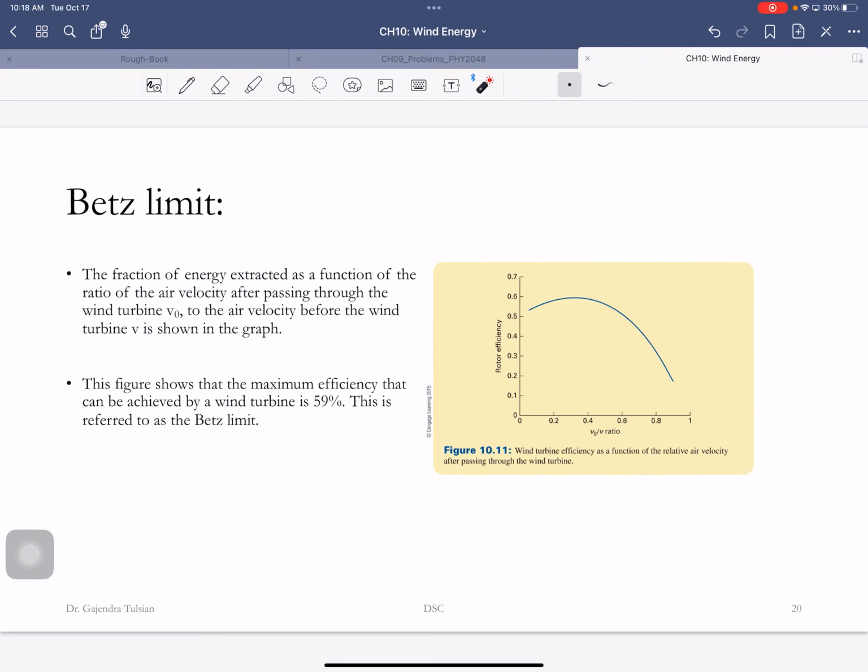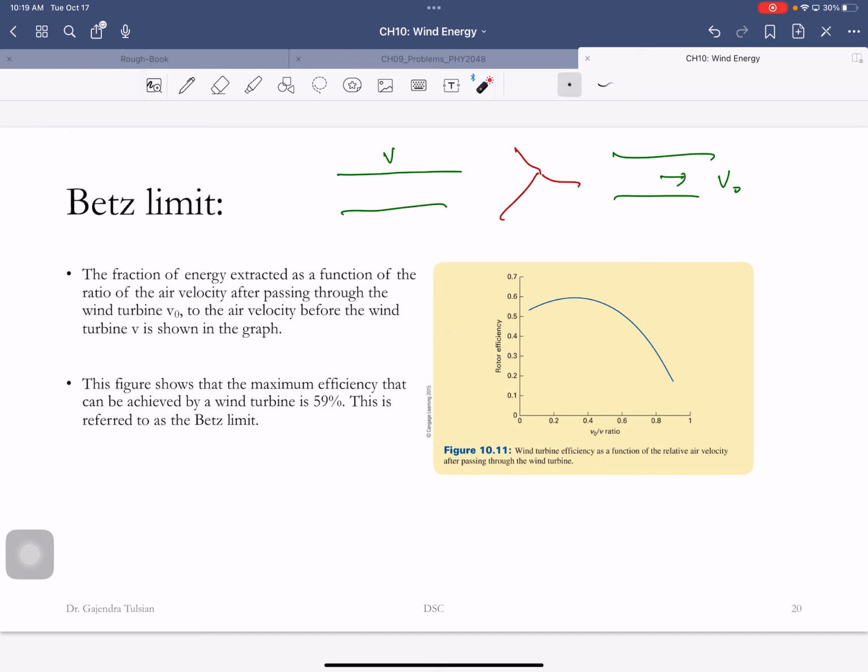So what this tells you is that the Betz limit is the highest amount of energy you can extract from moving air. We have already said that that's about 60%. What this graph is showing you is the wind speed before it hits the windmill, and V naught is the speed after it has passed through the windmill.